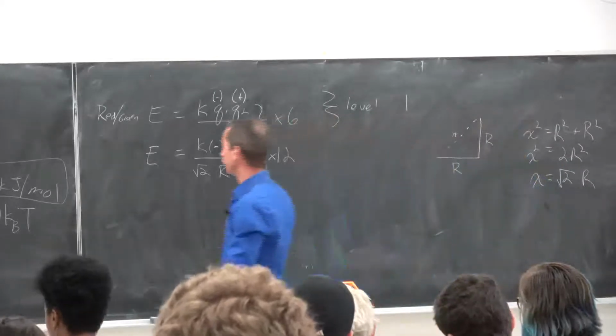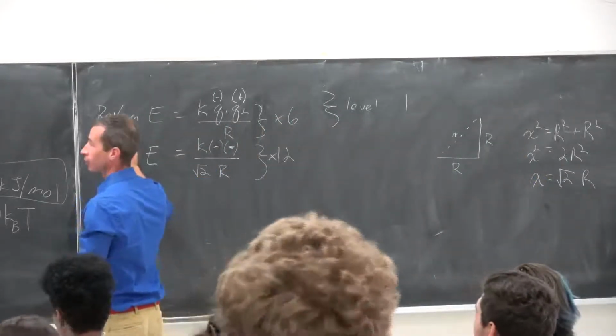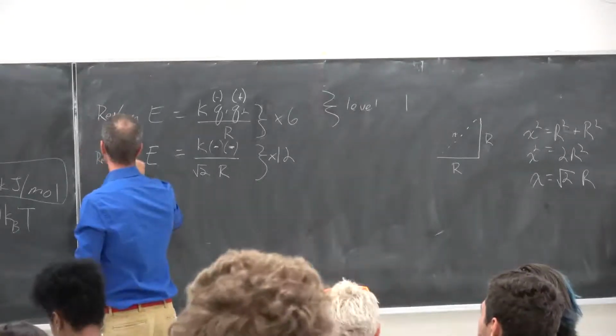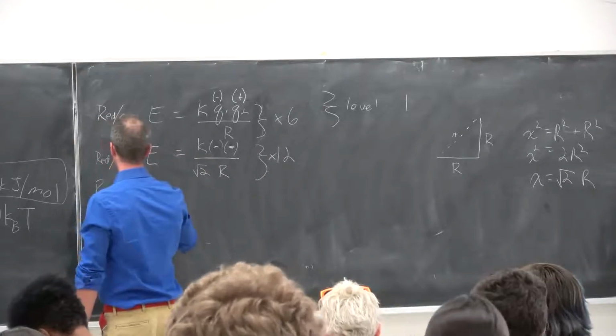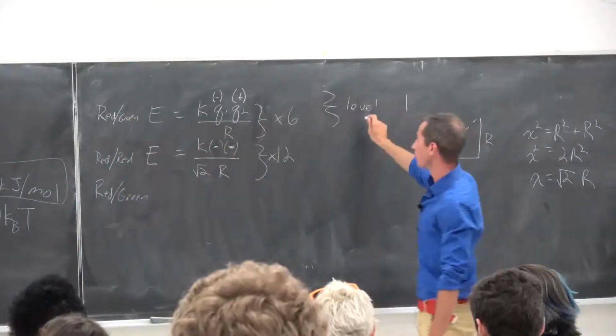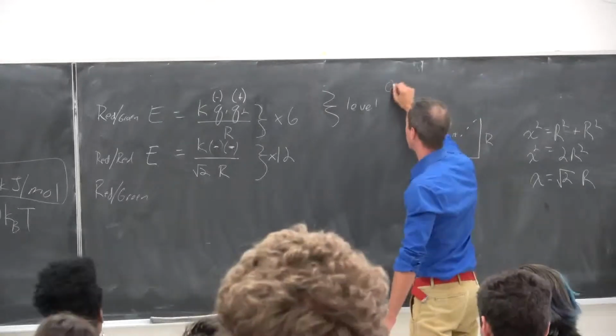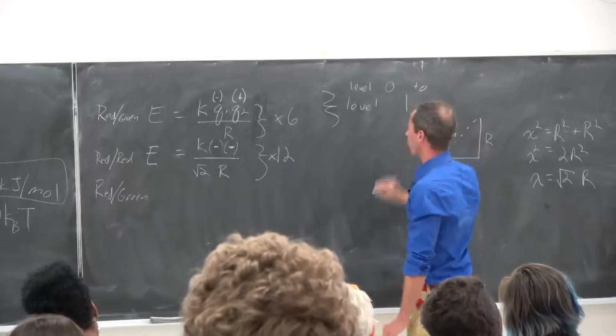Okay, what about the next one? Red, this was red, red. Now we're back to red, green. So that was level 1. So here we're comparing level 0 to level 1.